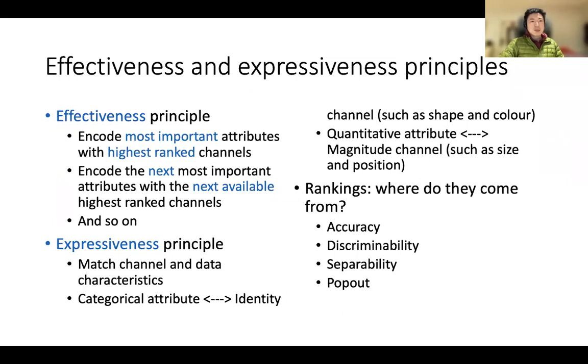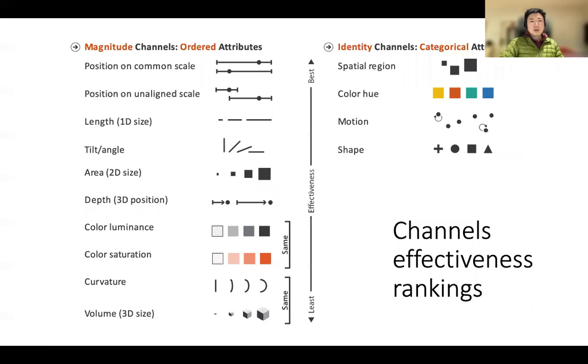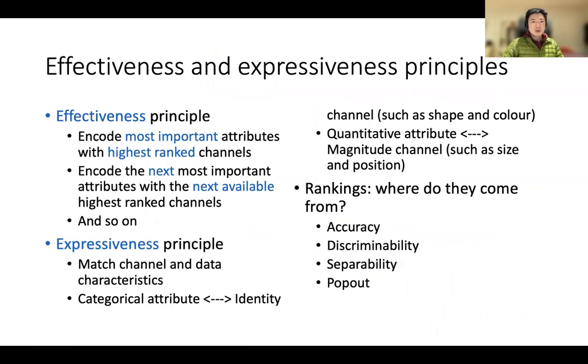Once that's decided, you need to decide whether it's a quantitative attribute or a categorical attribute. Obviously, in this case, profit will be a quantitative attribute. Then you pick the most effective channel to represent it.